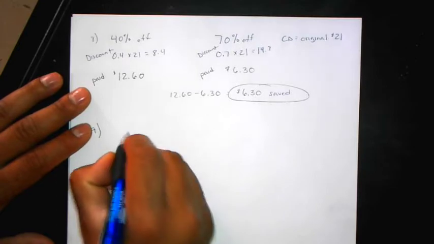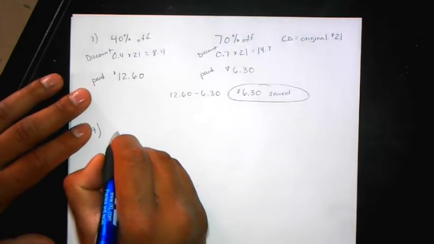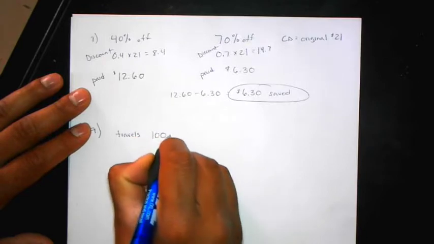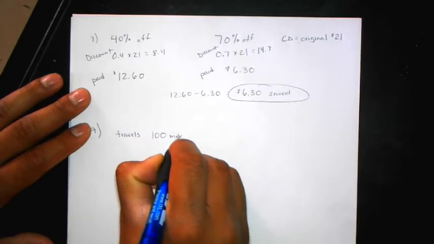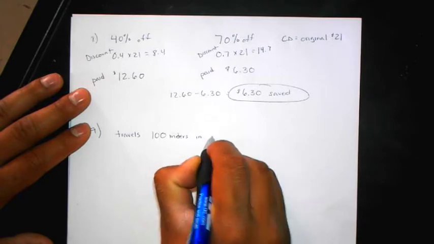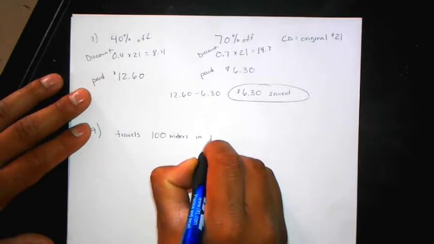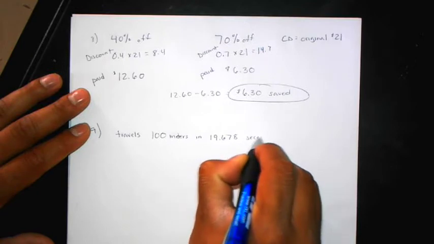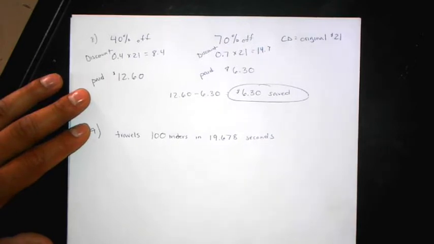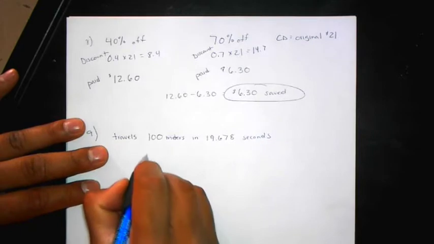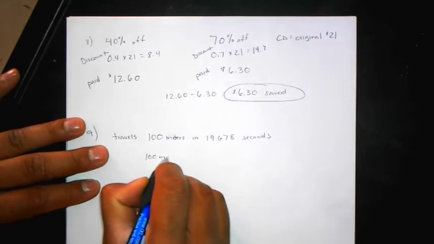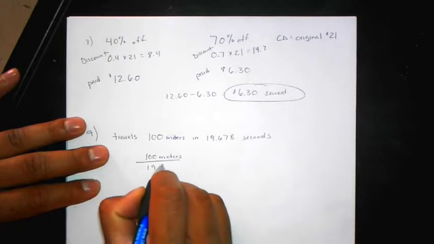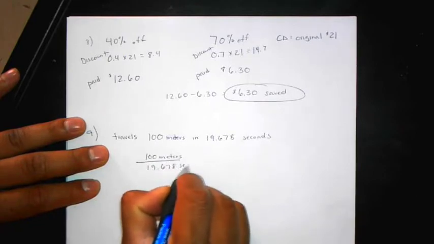So he travels 100 meters in 19.678 seconds. Another way of rewriting it is 100 meters per 19.678 seconds.